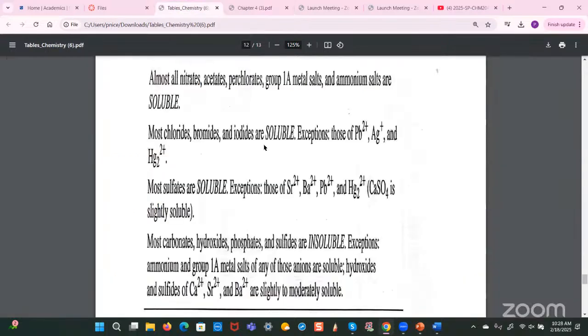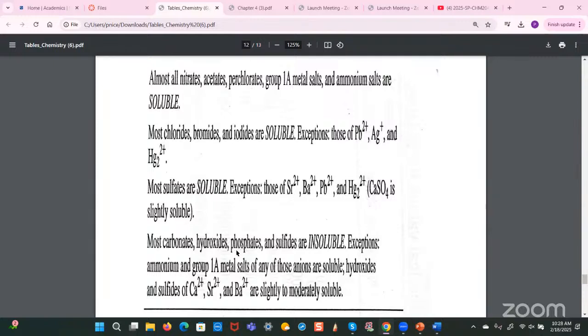We go back to the table again. SrCO3, strontium carbonate, would that be soluble or insoluble in water based on this chart right here? Slightly soluble, right? Oh, I didn't see this on here.